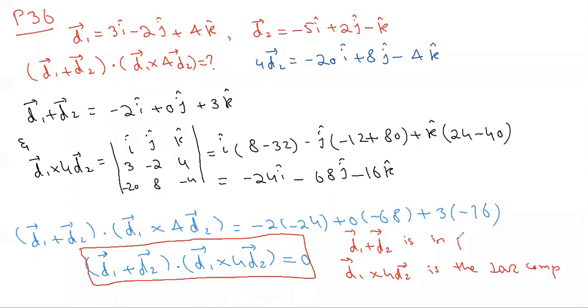This is the parallel component. Whenever you try to dot a parallel component with a perpendicular component, the answer will be 0. That's also evident from the fact that we do not have a mixed term like ex by or ay bx. So that is clearly 0 from this fact. You don't even have to do any mathematics.